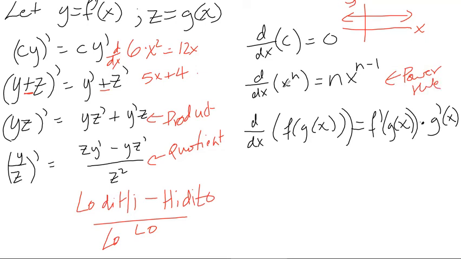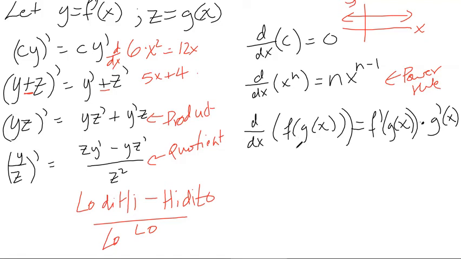The derivative of x to the power of n is always equal to n times x to the power of n minus 1, which we can see right here with the x squared. So x squared would be 2 times x to the power of 2 minus 1, which is 2 times x to the power of 1, and x to the power of 1 is just x, so it's equal to 2x, which is exactly what we got in the problem.